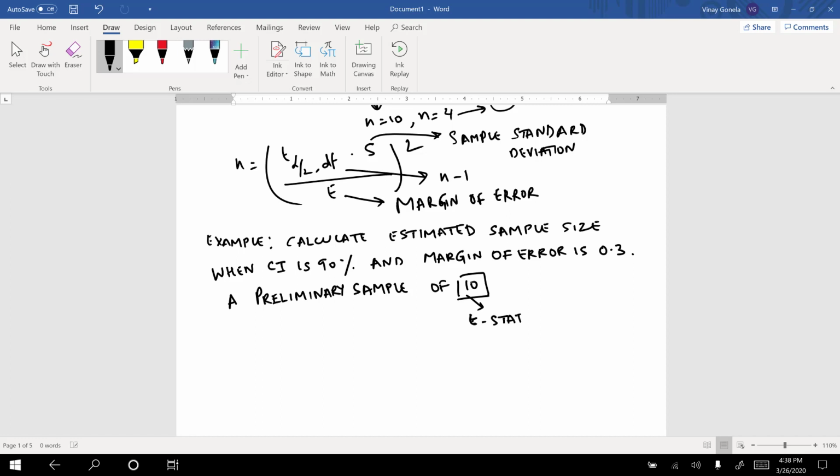So a sample of 10 is taken and the mean is 8. Usually they will give you the mean, but we don't use the mean in the formula. And then the standard deviation is 4.